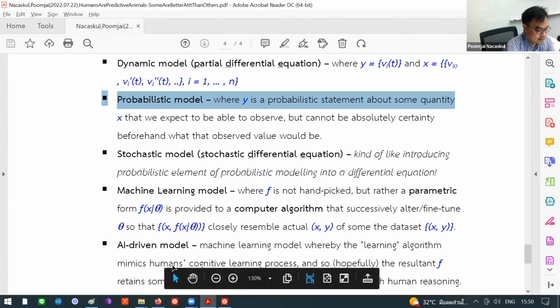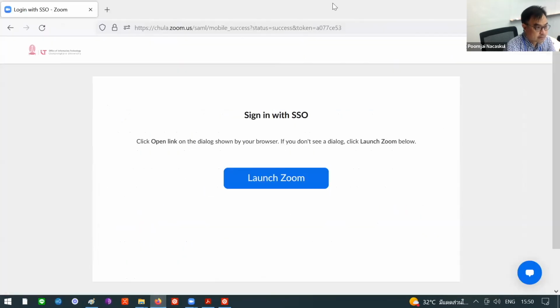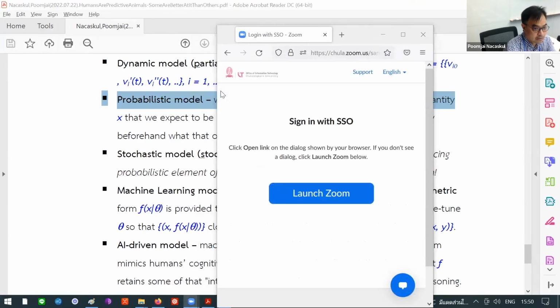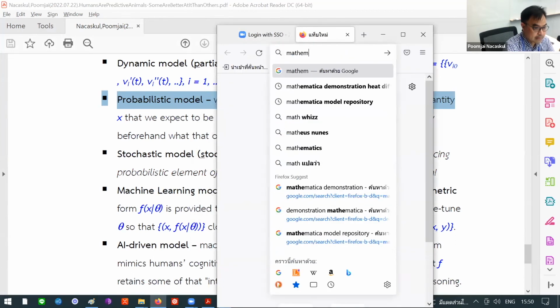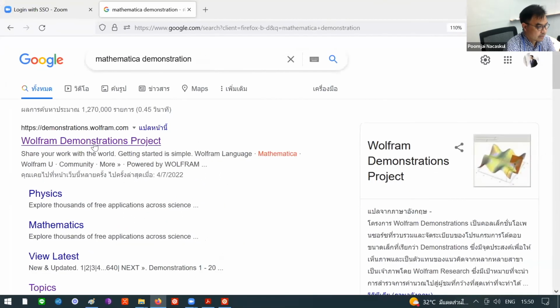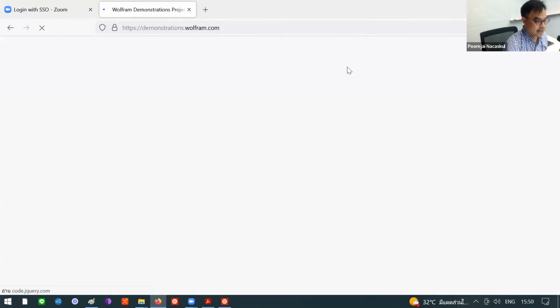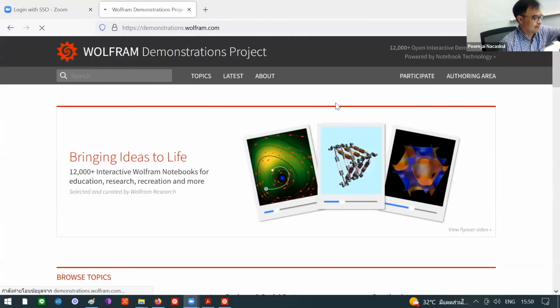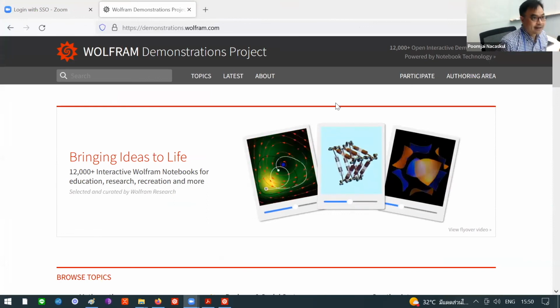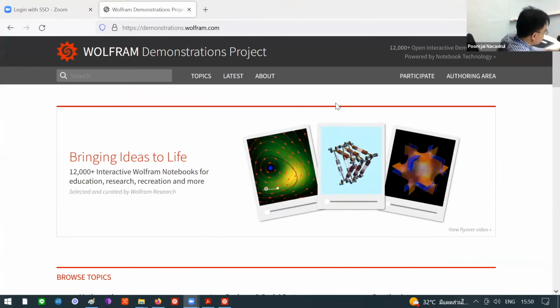Let's go to the Mathematica demonstration project. Okay, a little bit of gel in your hand. Very good. And then go to the one that you picked, the one that interests you, and tell us about it.